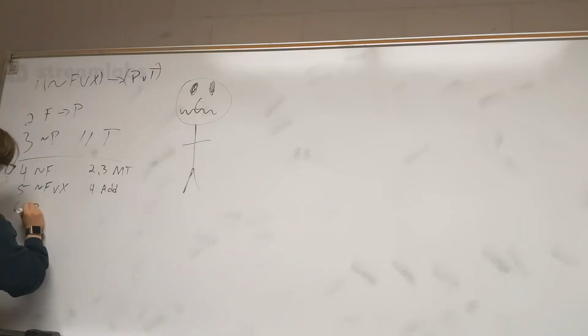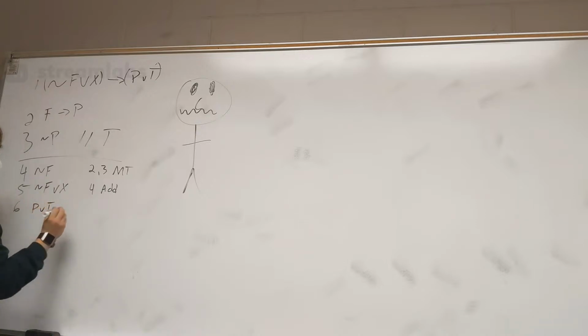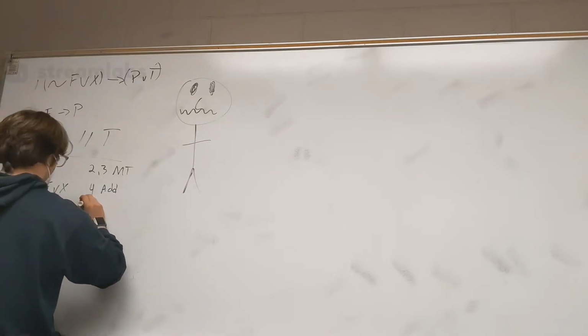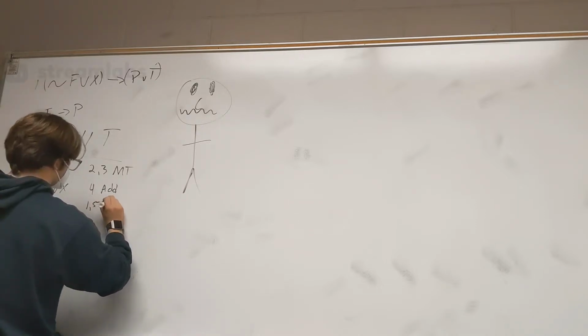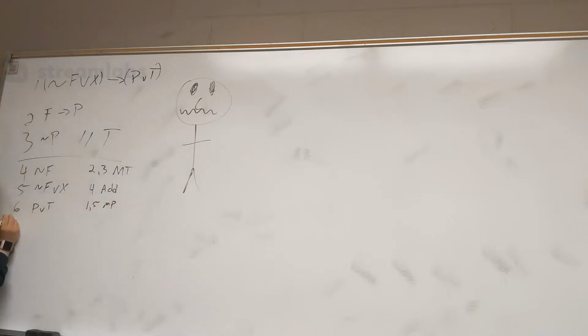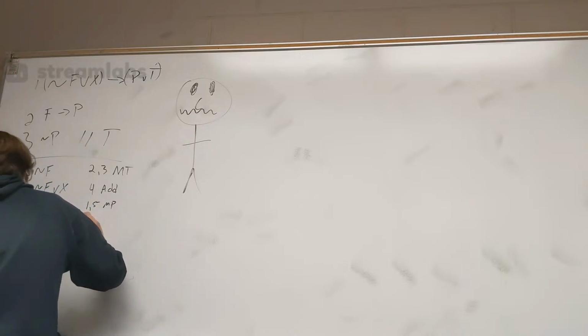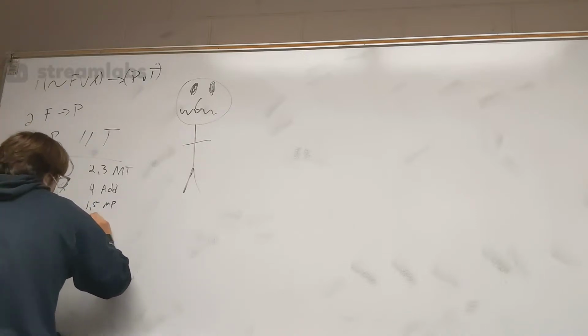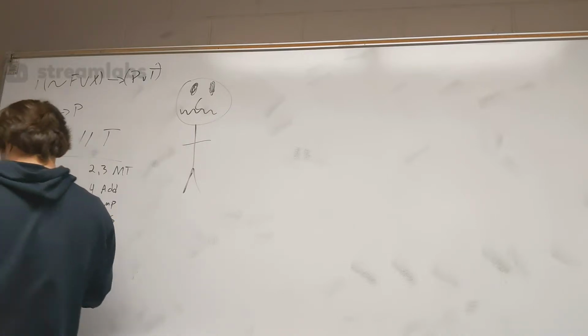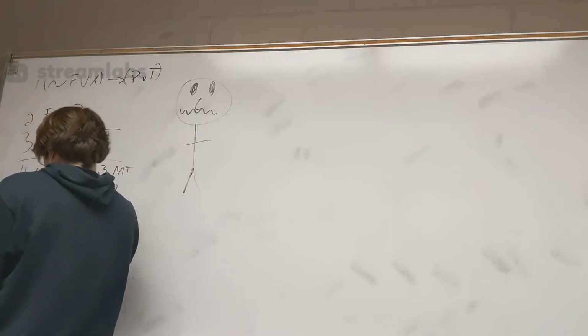And you get P or T from 1, 5 modus ponens. And then you get T from 3, 6 conjunctive syllogism. Good. Good job. That's great. Fast. And good drawing too. Thank you. I like your drawing.